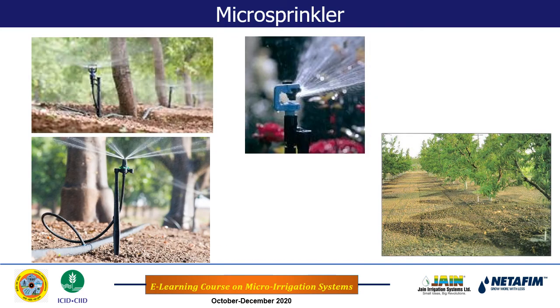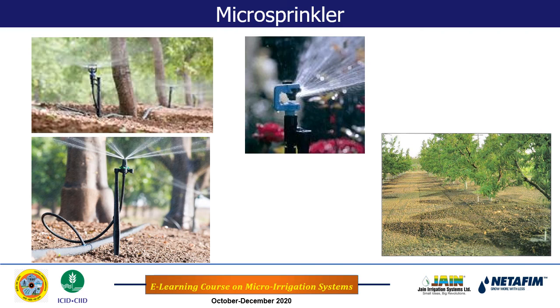Then micro sprinkler. Basically, micro sprinkler systems are used as under-tree sprinkler irrigation systems. In the case of orchard plantation in light soil, we need many drippers per tree. However, instead of that, if we use one micro sprinkler, it will suffice the need of many emitters. So the micro sprinkler is developed as an under-tree kind of sprinkler.